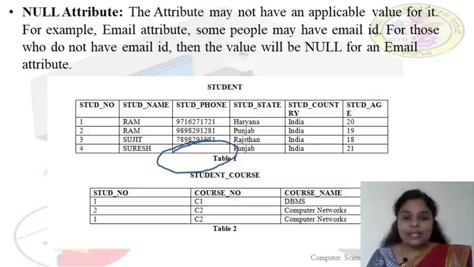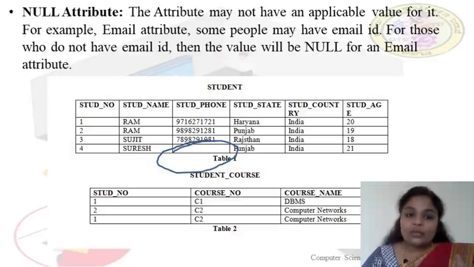You might have seen, while filling an application, most people leave the email attribute blank. Some people may have an email ID, and those people are going to fill in their email ID. But for those who do not have an email ID, the value will be null for the email attribute.